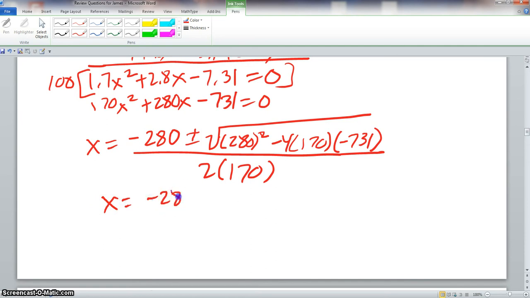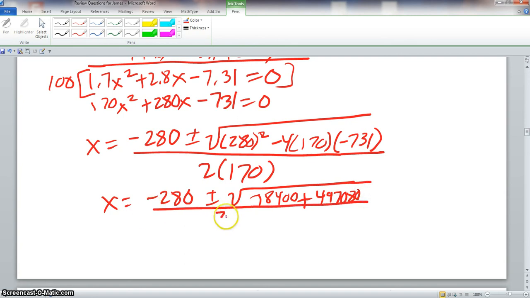So we had negative 280 plus or minus the square root of, we have to take 280 squared, which will give us 78,400. And then we will have to take negative 4 times 170 times negative 731, which will give us a positive 497,080, all divided by 340.